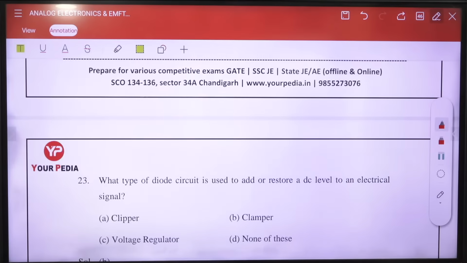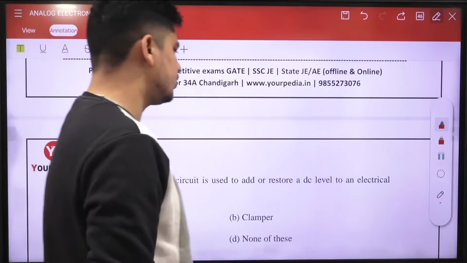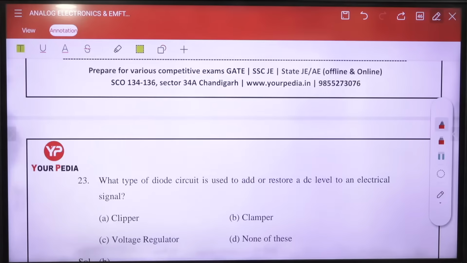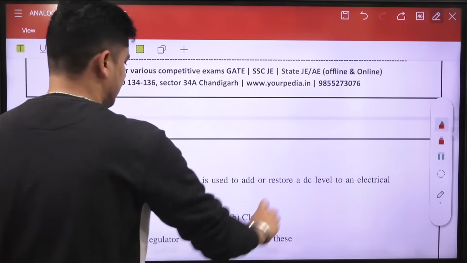Next. What type of diode circuit is used to add or restore a DC level to an electrical signal? That is what? Clipper or clamper? Clamper. Very good. The answer will be clamper here. Right.